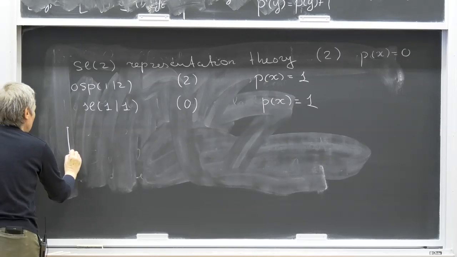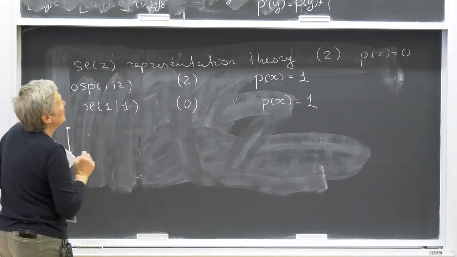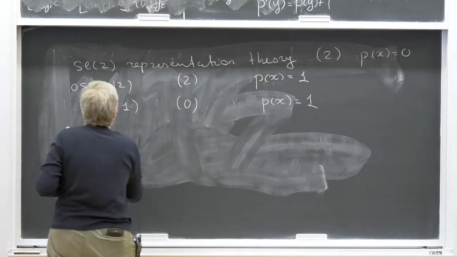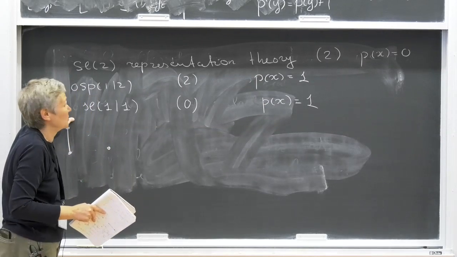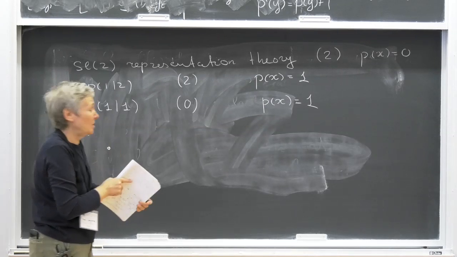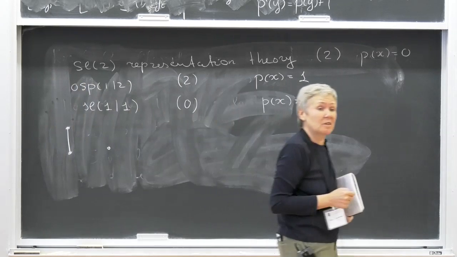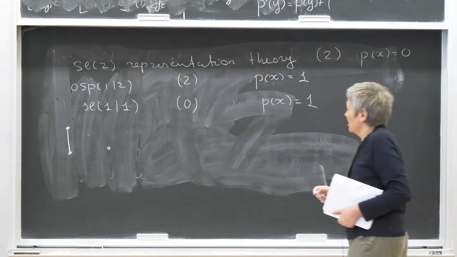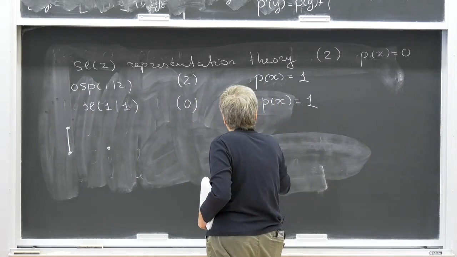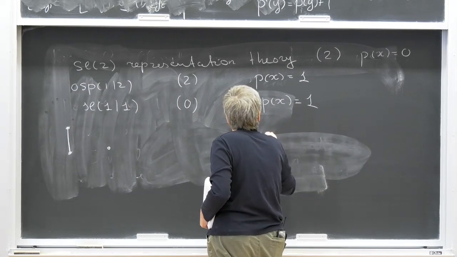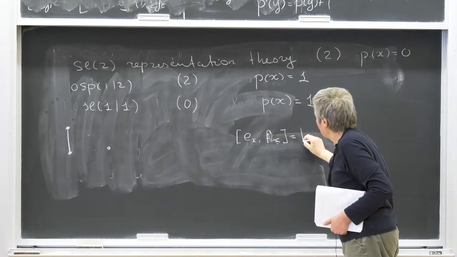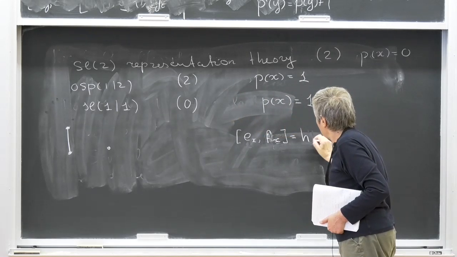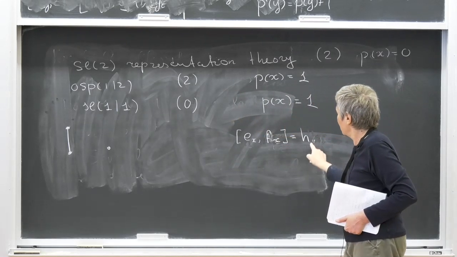You either have something of dimension 2, which corresponds to this K, or just dimension 1, and you do not have any other irreducible representations for this algebra. So what is this algebra? It is sort of analog of the Heisenberg algebra in the super case. Let me just write it down by the way. H, and H is in the center.